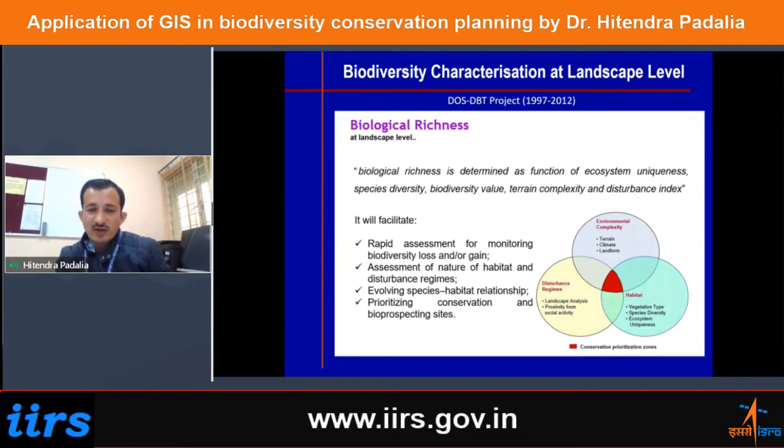Obviously where human pressure and cattle pressure is high, those areas will have high human disturbance. So if you cross all these things, disturbance, habitat and species diversity of that area, and environmental complexity, then you can identify an area which can be prioritized for conservation.